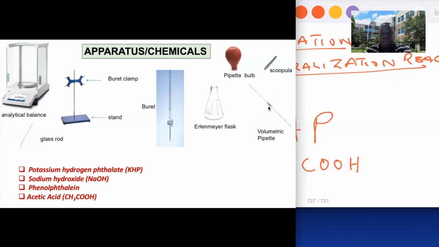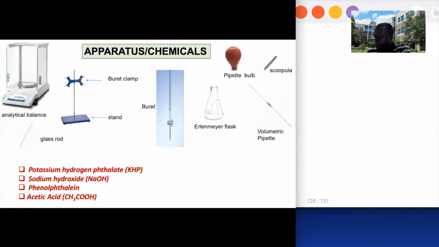The volumetric pipette has a calibration mark. We used this before, right? We used this in the previous experiment, molarity and dilution. There is a calibration mark along the neck.